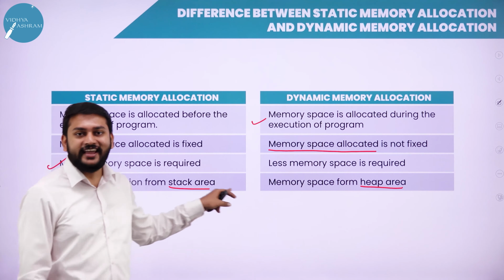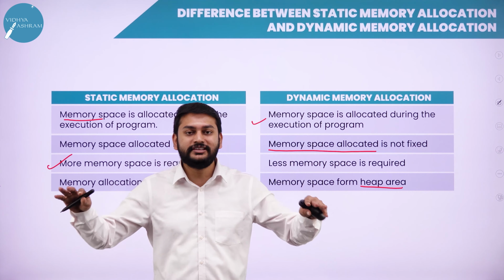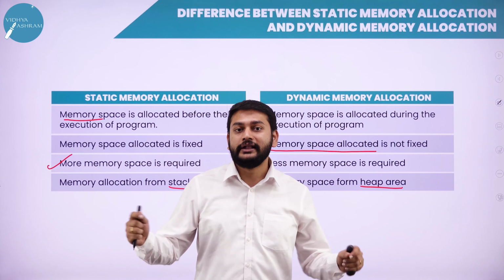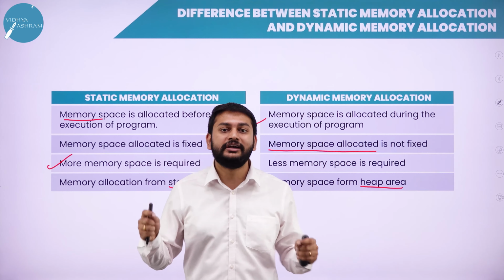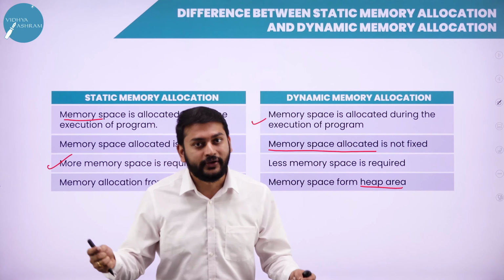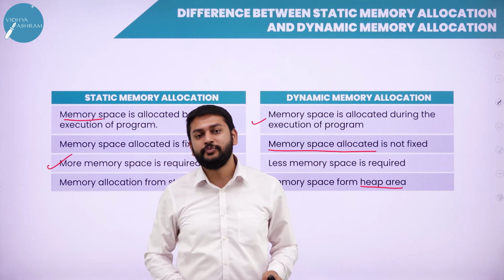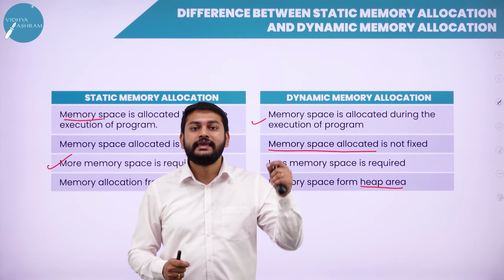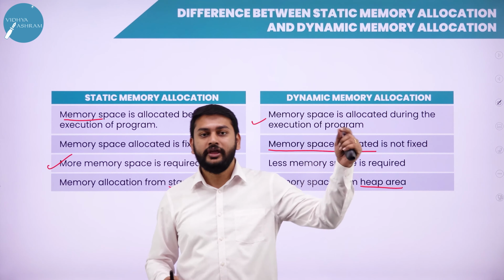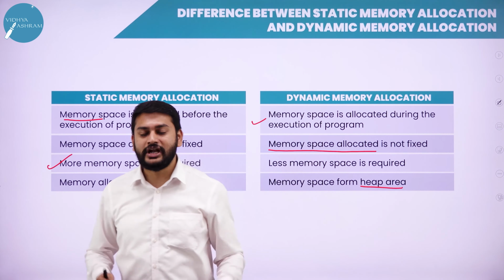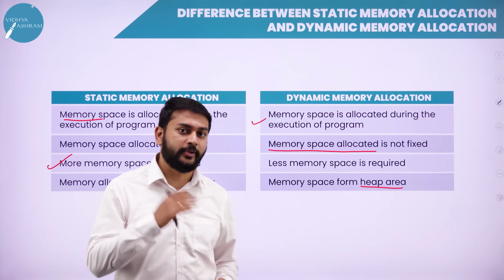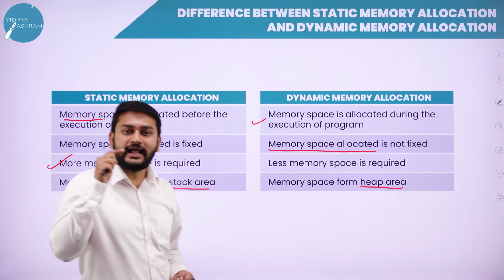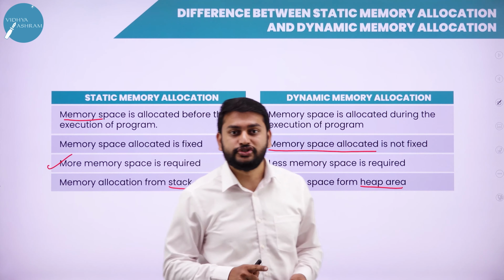These are two different locations where memory is stored, and the distribution of memory happens in different ways. Whenever we use static memory, we are using the stack area. Whenever we use the heap, we are into dynamic allocation. Those are the two different points you should remember. What is the stack and what is the heap? I will discuss that in detail in data structures.